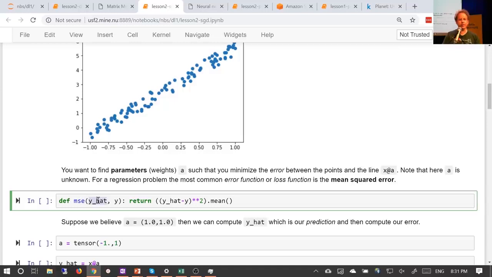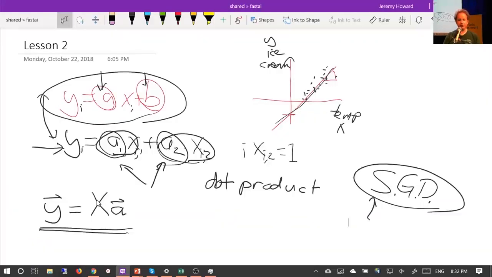It's the difference between some prediction that you've made, which is the value at the line, and the actual number of ice cream sales. And so in the mathematics of this, people normally refer to the actual as y, and the prediction they normally call y hat, as in they write it like that.